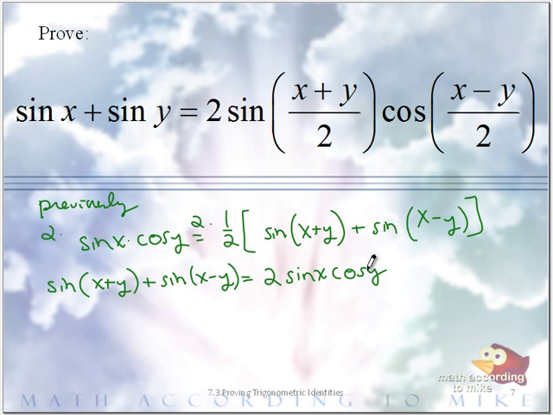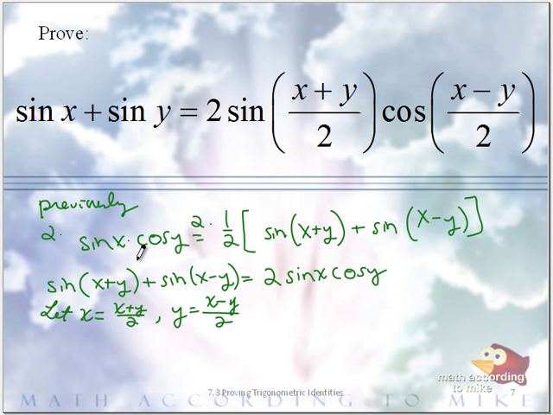And this is how you prove all of them. It's sleight of hand. We're going to let x equal x plus y over 2. Then we're going to let y equal x minus y over 2. What the what? It's not cheating.